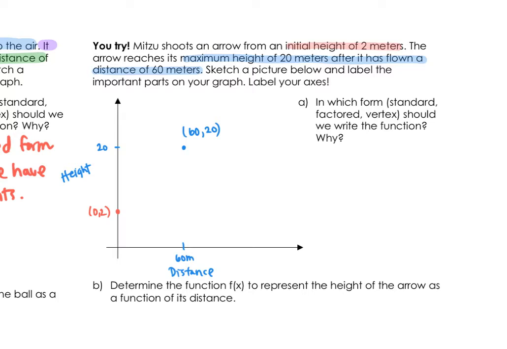Alright, so it's going to look something like this. We don't know where it lands. All we know is that this is the maximum height, which is the vertex, and this is the initial point. So this is going to be h and k, and then this is going to be x and f of x, or x and y.